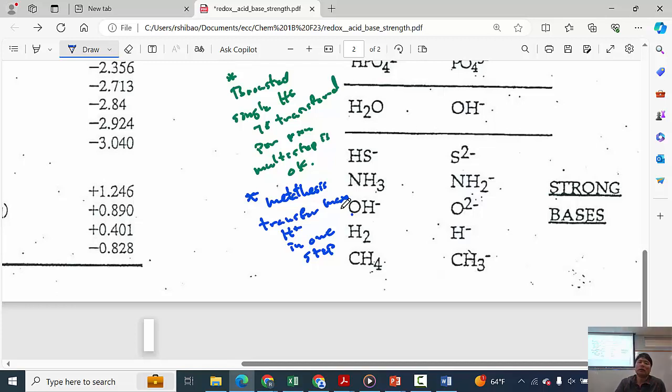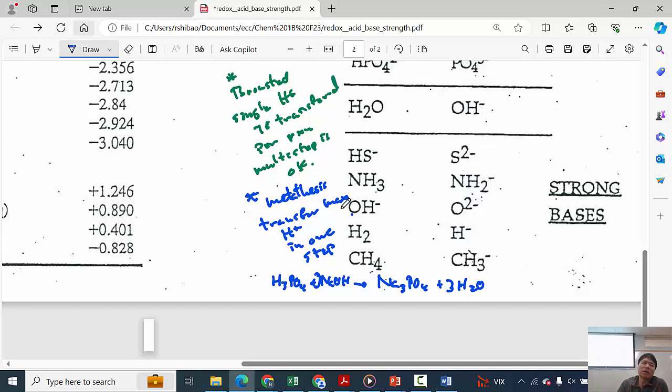An example would be H3PO4 reacting with NaOH. I'm going to transfer all 3 of these protons, and I'll require 3 NaOHs. This will make Na3PO4 and 3 waters. So I completely neutralize the acid. There are no more protons left on this. All 3 have been neutralized by the base sodium hydroxide.